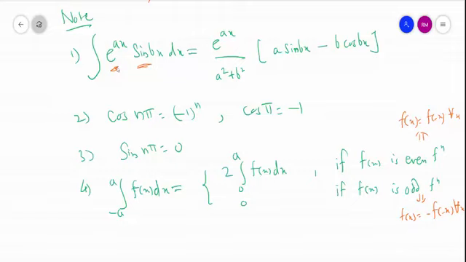This will happen when f of x is an even function. Otherwise, if f is an odd function, then its value will be 0. Such type of remark we have to remember.